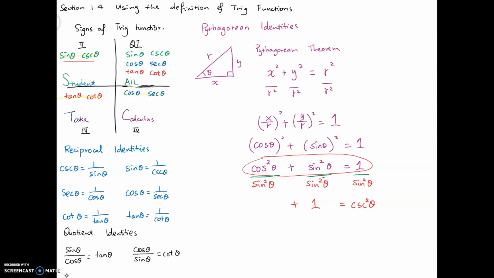And cosine square theta over sine square theta, another quotient identity tells me that it is equal to cotangent. So cosine square theta over sine square theta becomes cotangent square theta. And that is our third identity.